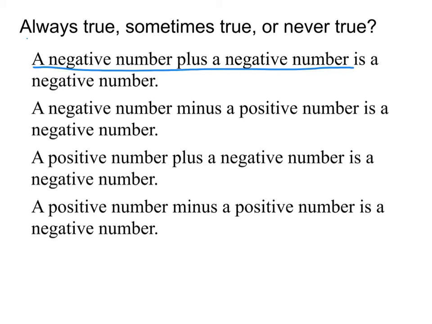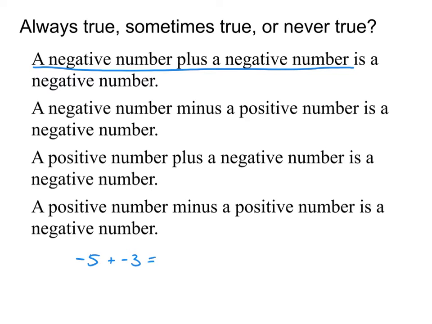A great way to tackle these, if you don't instantly know what it should be, is to come up with a couple of examples. So a negative plus a negative. I'm going to grab a couple of simple numbers here. I was working recently with a lot of examples that were 5 and 3, so I'm just going to stick with the 5 and the 3. What if I do negative 5 plus negative 3?